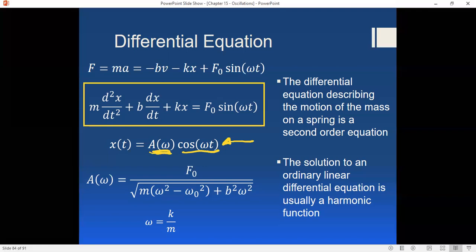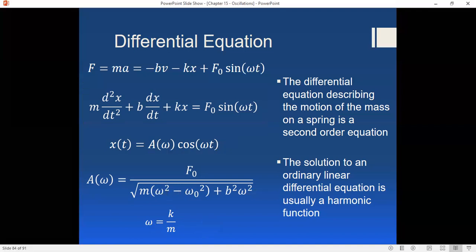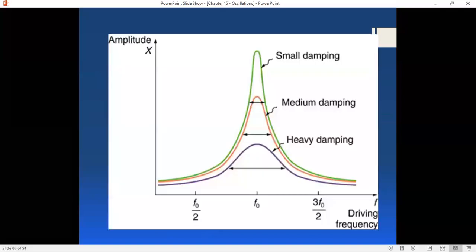Omega 0 represents the frequency of what the harmonic oscillator likes to oscillate. Omega represents the frequency of the oscillating force that we're going to put on it. Okay, let's get away from the math. It's really a much higher level course than this.